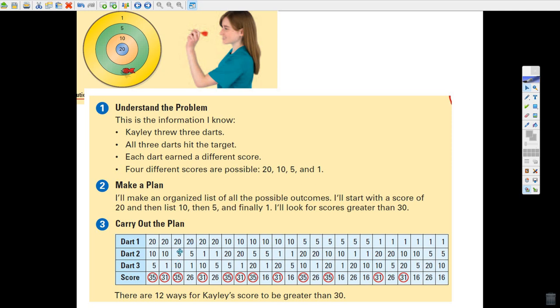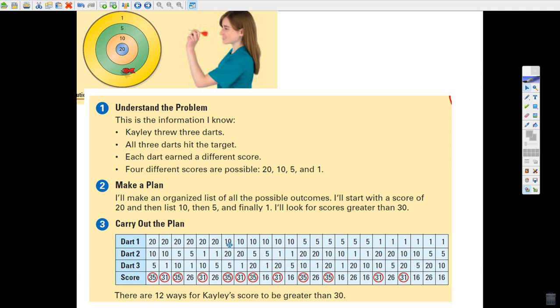Or if you hit a 20 first, then you could hit a 5 and then a 10, and then a 5 and then a 1. If you hit a 20 on the first dart, you could hit a 1 and then a 10, or then a 1 and then a 5. So there are 6 different things that can happen when you hit 20 first.